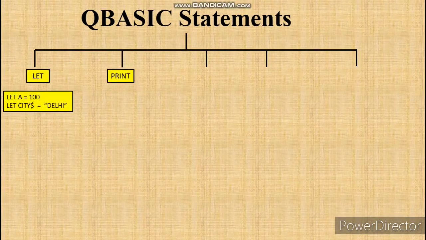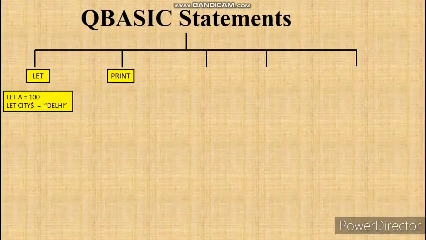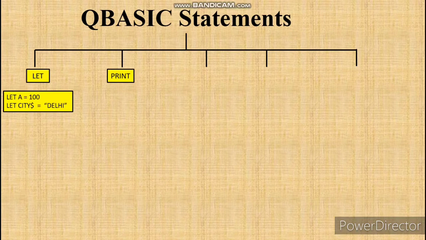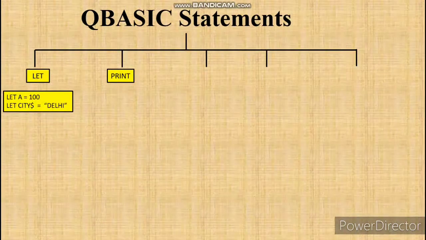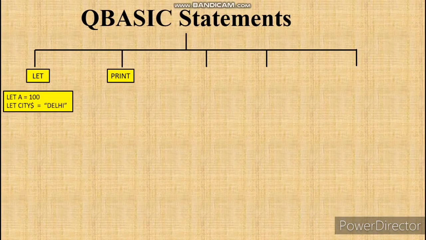Next statement is PRINT. As the name suggests, the PRINT statement is used to display numbers, messages, or the value of a variable on the output screen, right? You can use a comma or a semicolon to combine numbers, messages, or values in a single PRINT statement.